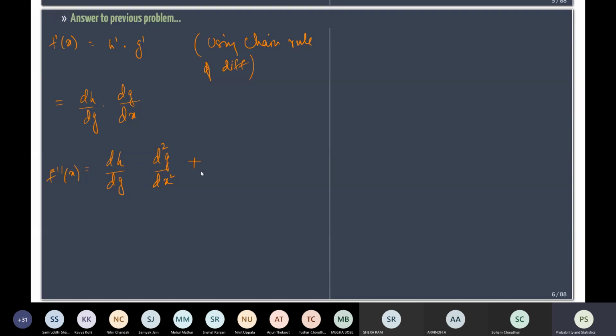Plus the second into the differentiation of the first, which will be d2h by dg squared, and then you will have one more term dg by dx because of the chain rule. So I can remove this and do a square here. This is the thing we have now.